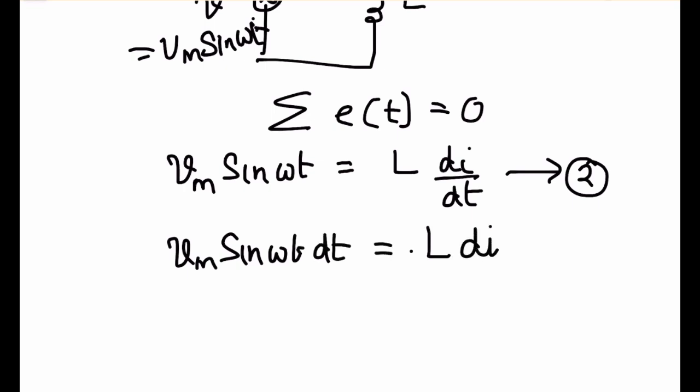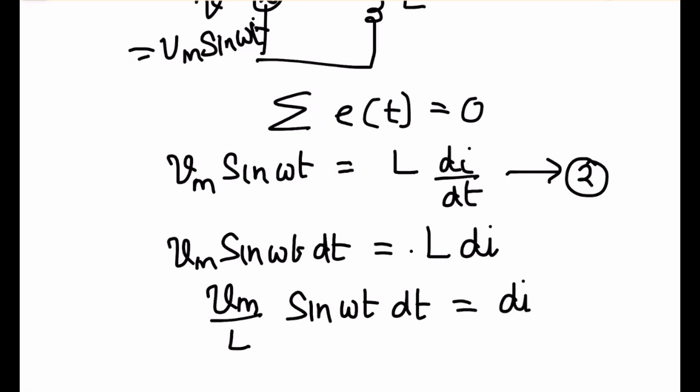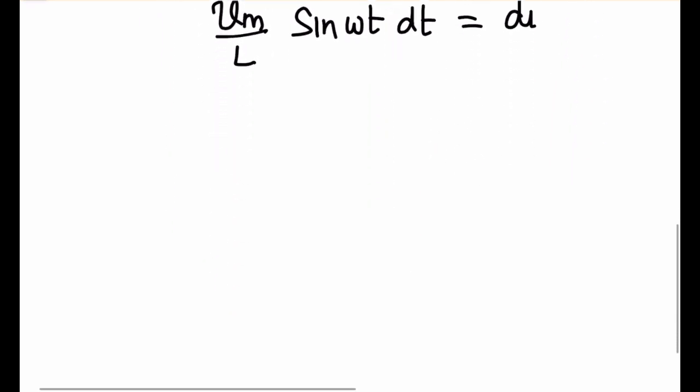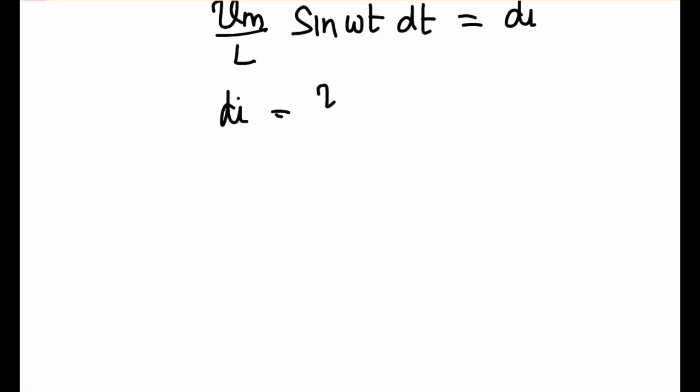We want to know the current, so let us send this L to the left side. You will get Vm by L sine omega t dt is equal to di, or we can write di is equal to Vm by L sine omega t dt.